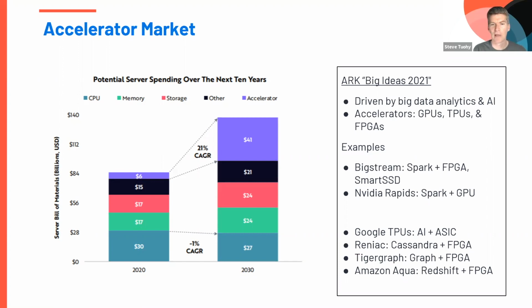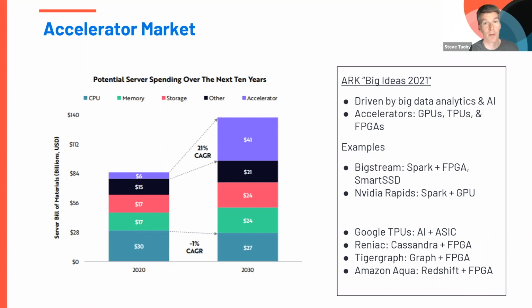Amazon announced late last year that it's integrating FPGAs into the Redshift data warehouse so that they can accelerate their own tool. Facebook has some internal pieces with ASICs as well. A couple other examples I have there on the bottom are Reniac, which does so with Cassandra, and TigerGraph with graph databases pulling in FPGAs.